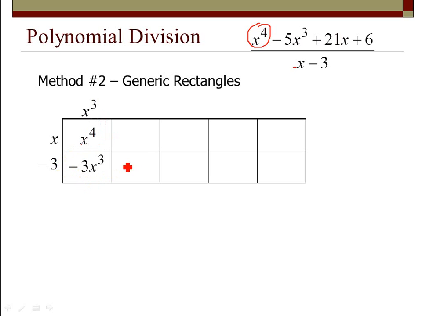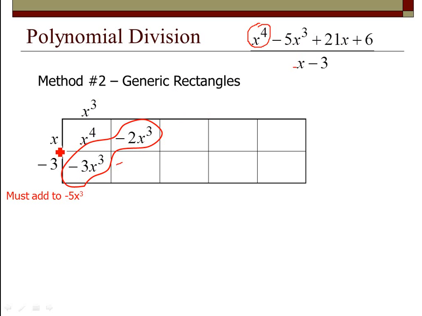These terms on this diagonal right here, when I take these two together, have to add up to give me negative 5x cubed. So that's where the thinking on this part goes. But it takes up less space. So I go negative 3x cubed plus something gives me negative 5x cubed. Well, that would be negative 2x cubed.